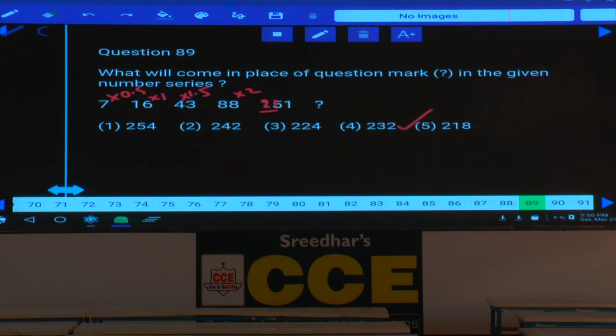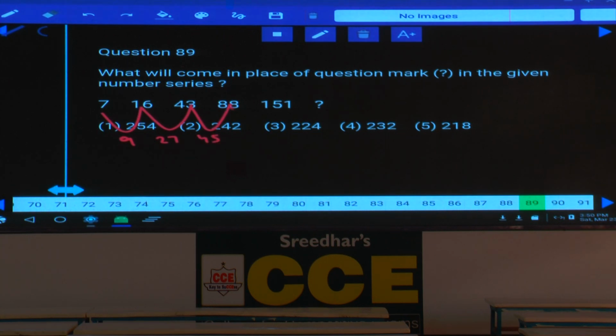Then next one, question number 54. Now 7 and 16, what is the difference here? 9. And 16 and 43, the difference between these two is 27. And 43 and 88, what is the difference here? 45.